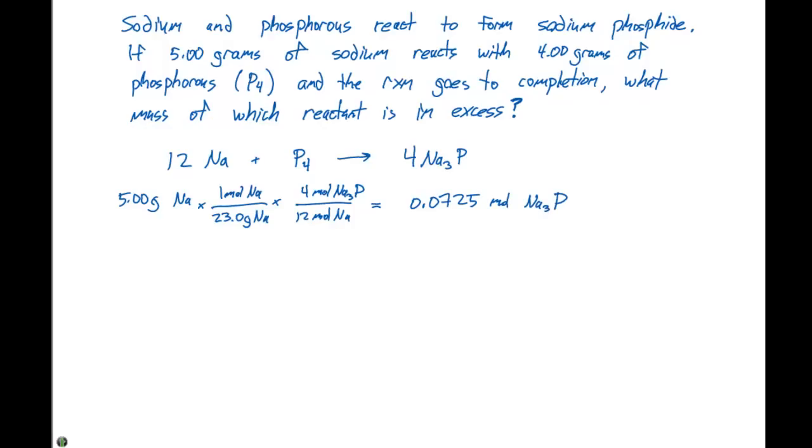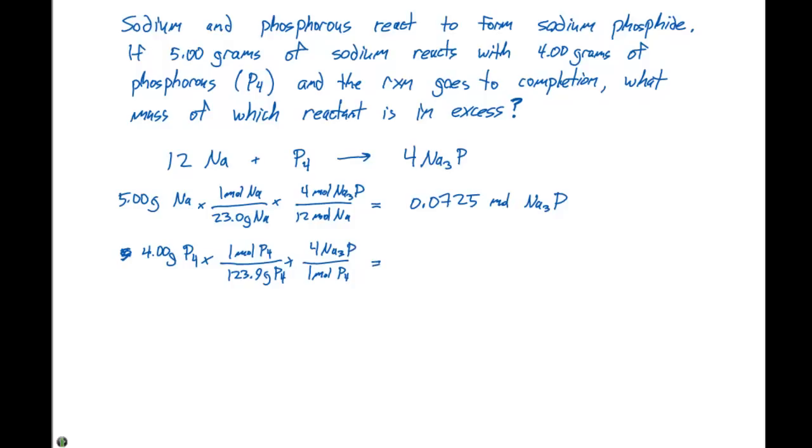which is our product. Now we'll do the same calculation, but instead we'll start with 4.00 grams of the P4. From the periodic table, we know that 1 mole of P4 is going to be 123.9 grams. From the balanced chemical reaction, for every 1 mole of P4 that's consumed, 4 moles of Na3P are produced.